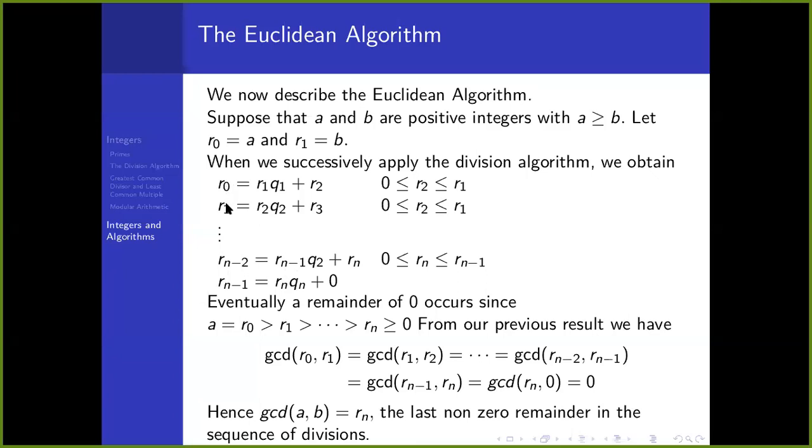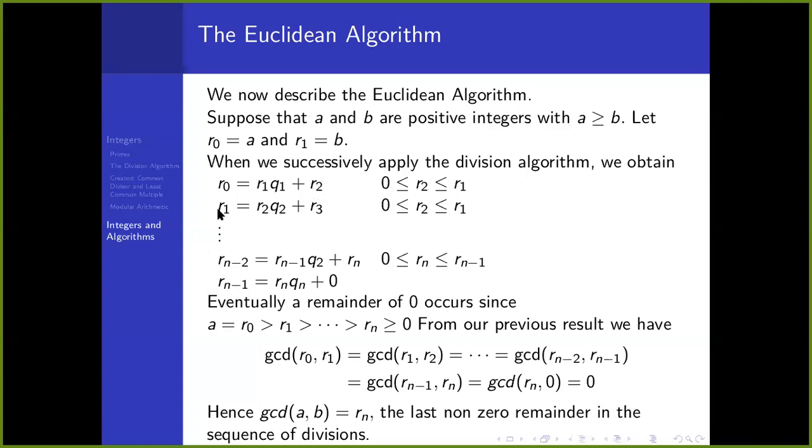So we have written the first two, and now we skipped the in-between steps, but we know the pattern in which we are constructing these equations, so we know what will happen in between. And then we've written the last two, assuming that it stops after n steps. The property we are using is that the GCD of R0 and R1 will be the same as the GCD of R1 and R2. So it means we can apply the division algorithm again to R1 and R2.